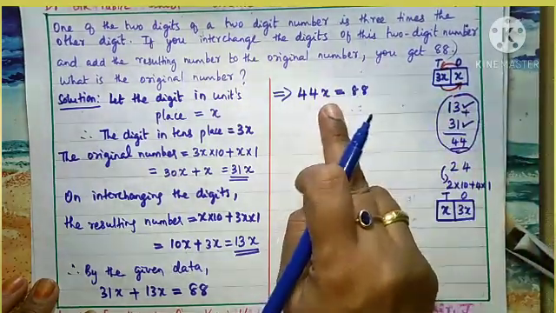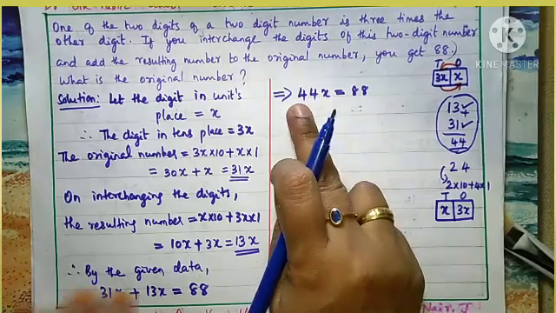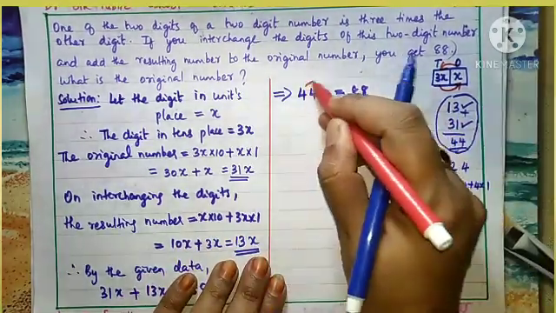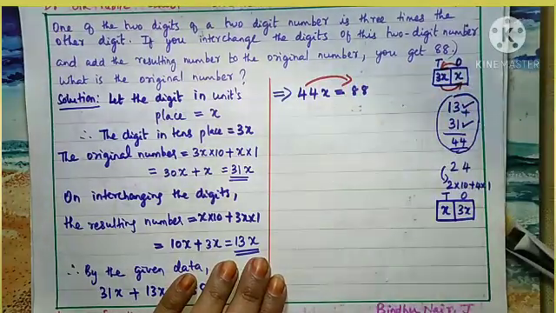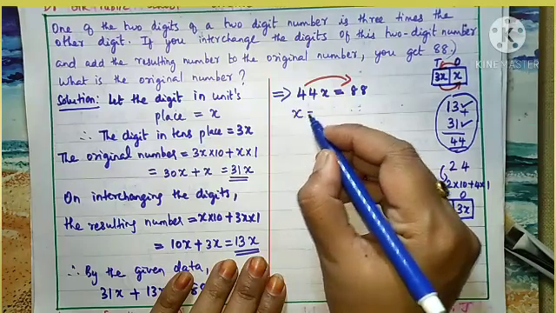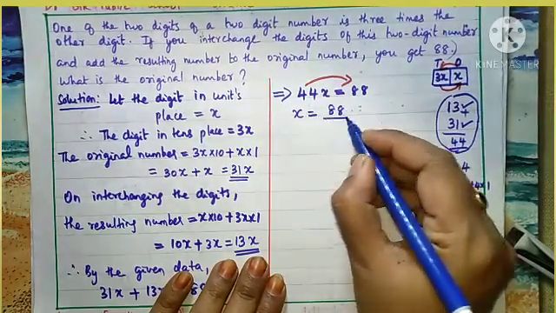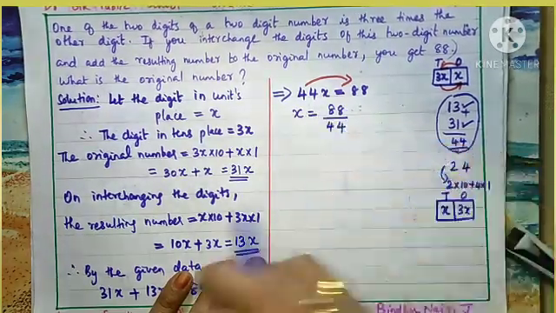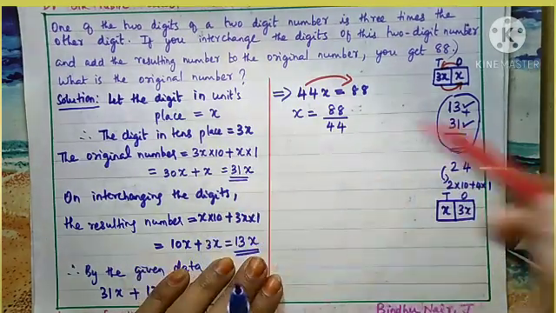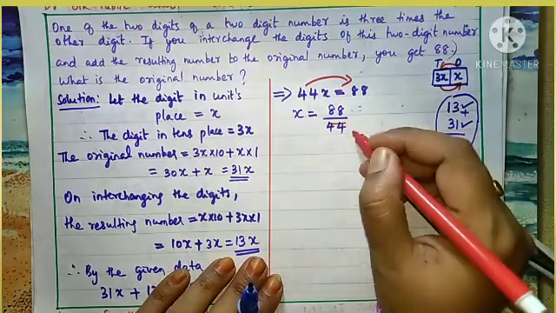Now how to find the value of x? We have 44 into x, so we transpose 44 to the right-hand side. It becomes division, so x is equal to 88 divided by 44. Now you can cancel 44.